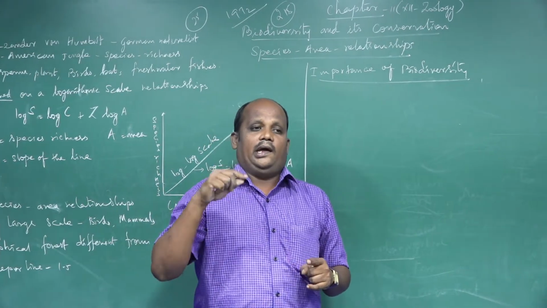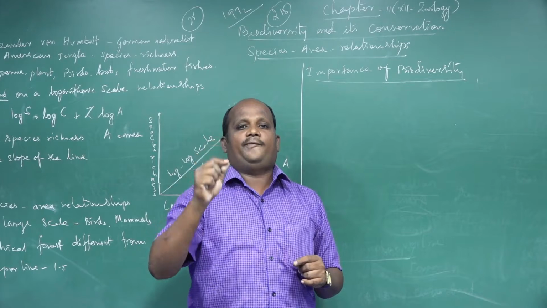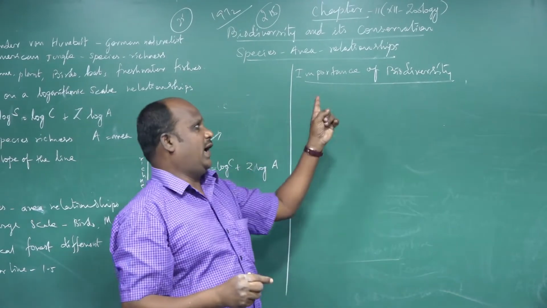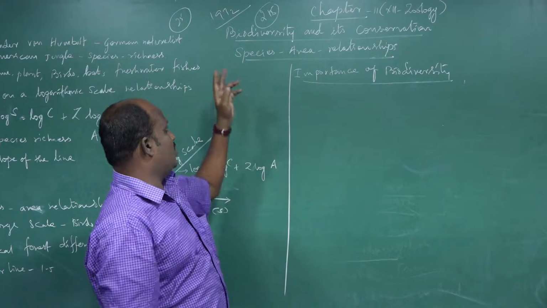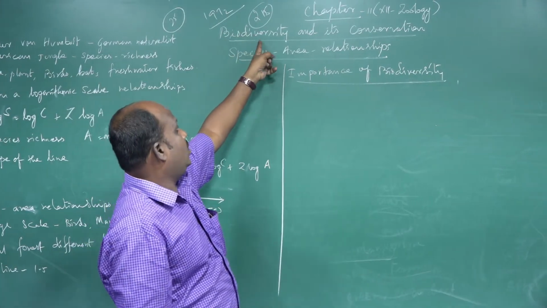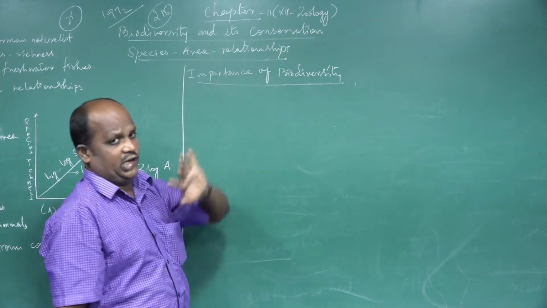The reason is that human beings and other organic life forms depend totally on wildlife resources. So we should protect the wildlife resources, because we are going to study biodiversity and its conservation.